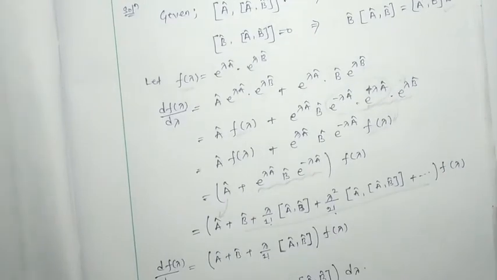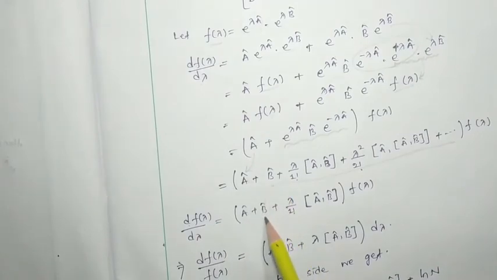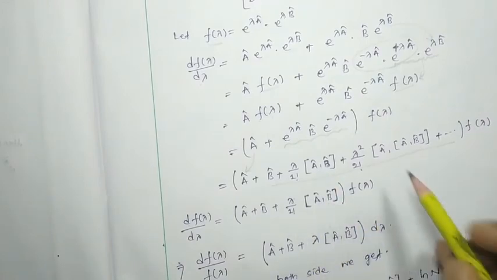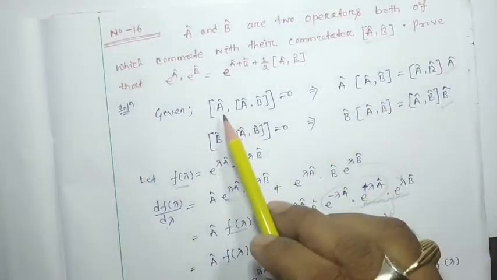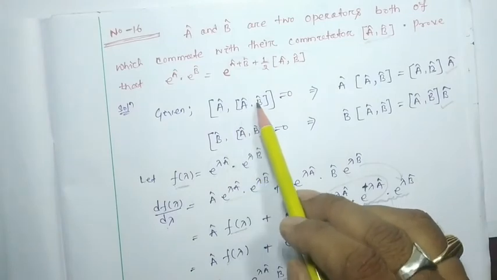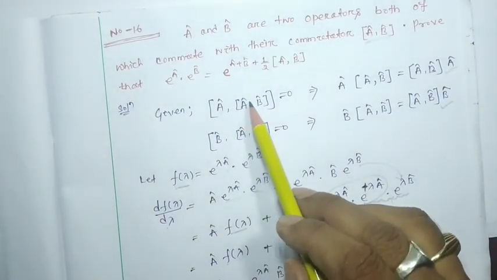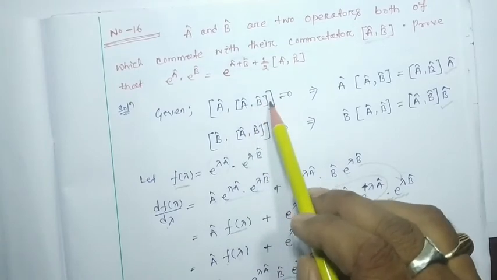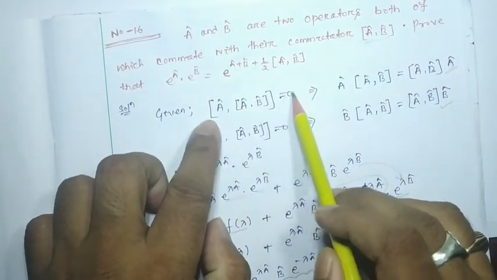Now that implies d f lambda by d lambda is equal to a cap plus b cap plus lambda by 1 factorial times the commutator of a cap and b cap, and after that all the terms will be equal to 0. Why? Because a cap and b cap commute with their commutator, so the commutator of a cap and b cap with the whole thing will be 0.